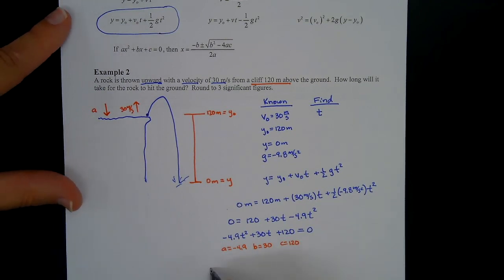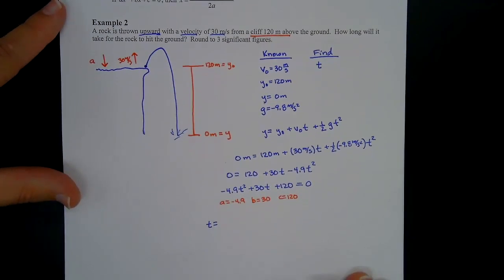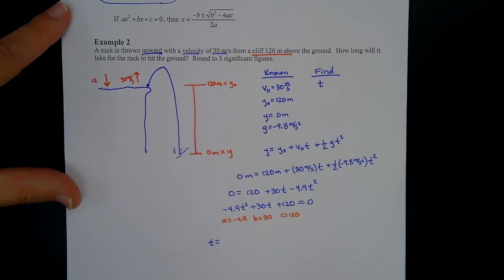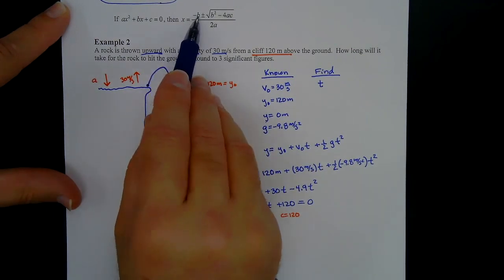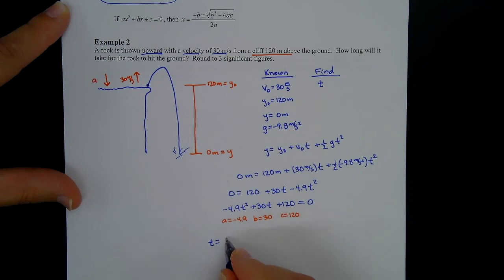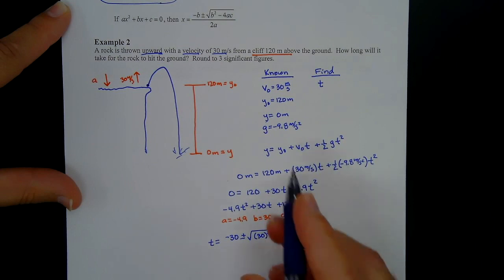So that means t is equal to, I'm going to slide this up. All right, so t is equal to negative of whatever b is. So b is 30, so that makes negative 30 plus or minus the square root of whatever my b is, in this case 30 squared, because that's what that tells me.